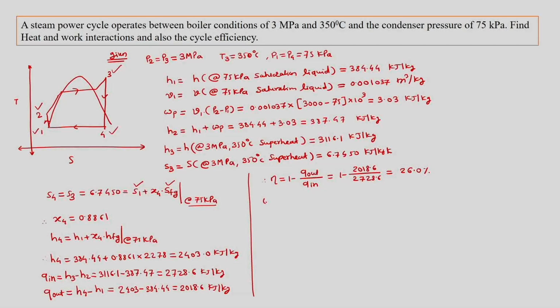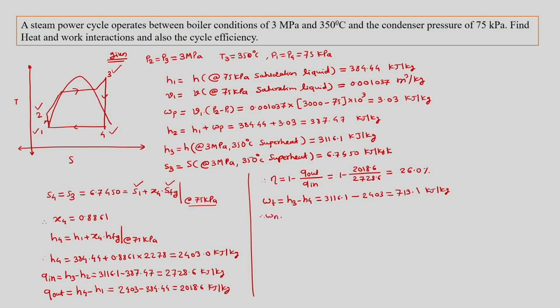Then we can find out Wt, which is turbine work, as H3 minus H4, and H3 is 3116.1 minus H4, which is 2403, and this gives us turbine work as 713.1 kilojoule per kg.